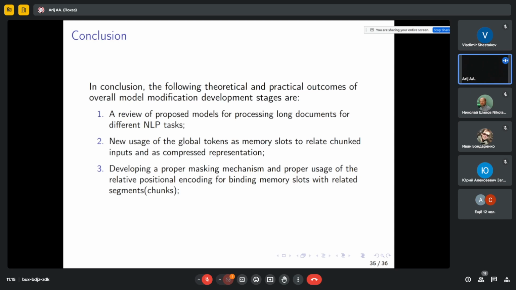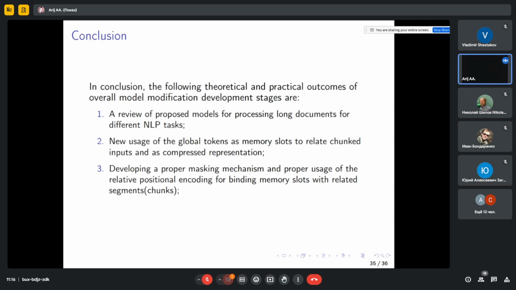for processing documents for different NLP tasks was achieved with a review also of all proposed model modifications on different NLP tasks and applications on them, and a new usage for global tokens as a memory slot to relate chunked inputs as a compressed representation.